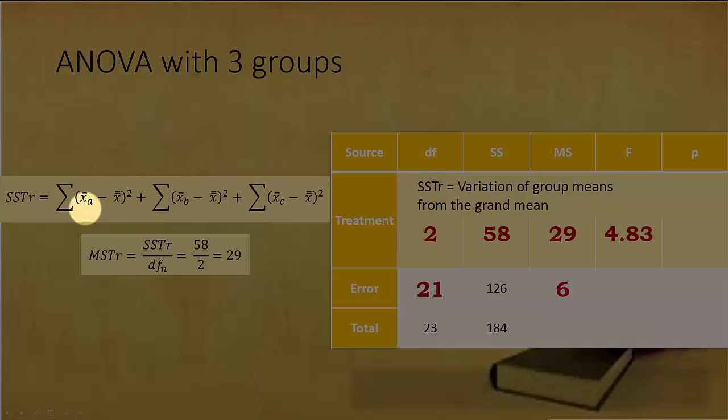So we take the group mean for group A, subtract the grand mean, x bar bar, square it and sum it. Variation of group means from the grand mean. We'll do the same thing for group B and the same thing for group C. Add all of those up and we'll get the sum of squares treatment, the 58. Then if we take that 58, divide by its degrees of freedom, which is 2, we'll get the mean square treatment of 29.